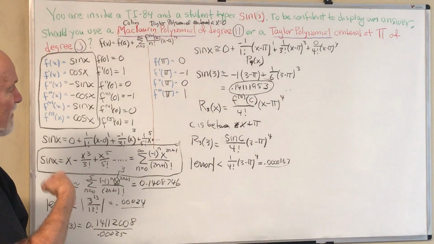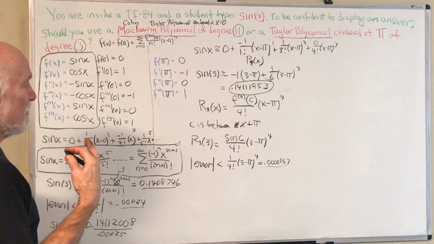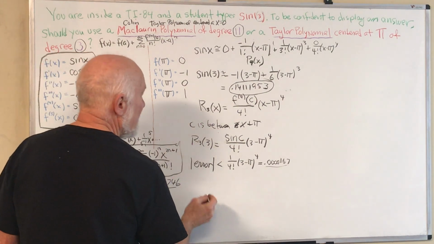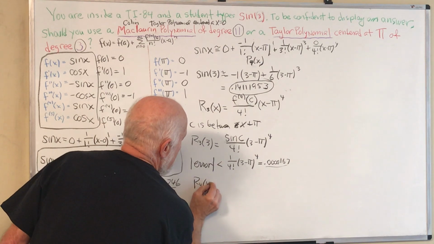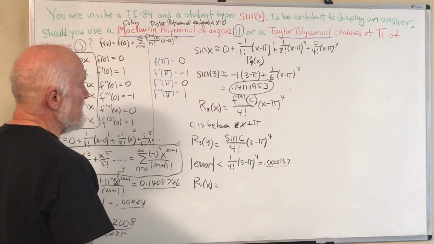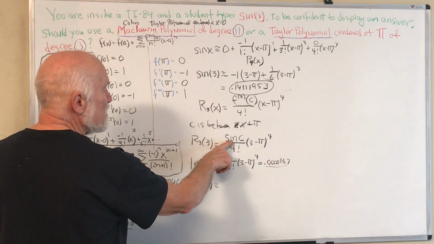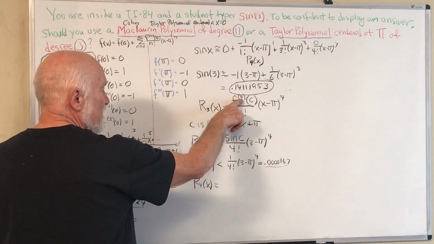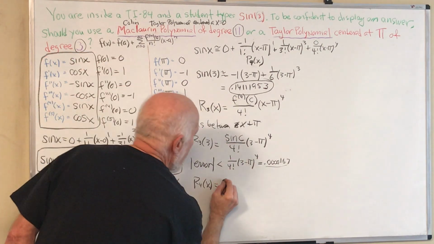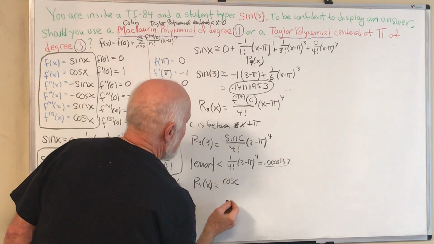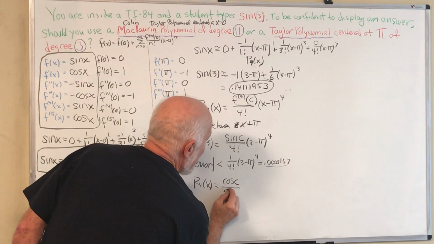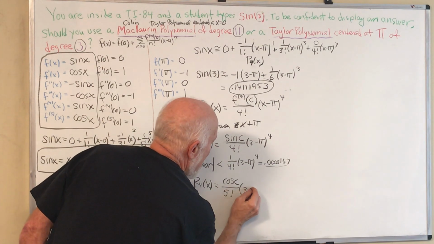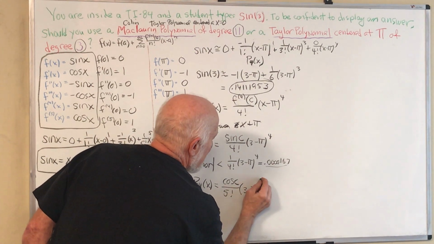So since Taylor's remainder works for P4 of x, I could say that R4 of x would be, now we would go to the 5th derivative at c. So it would be the cosine of c over 5 factorial times 3 minus pi to the 5th.